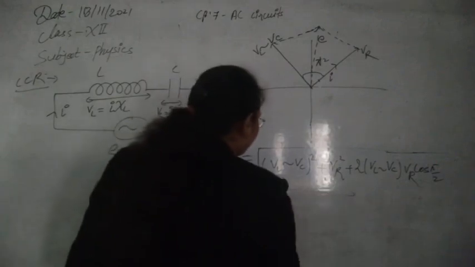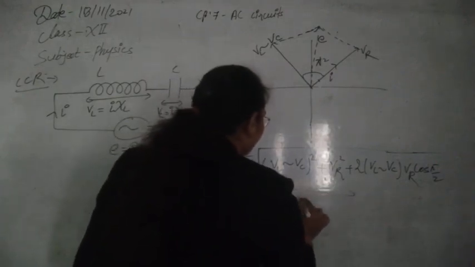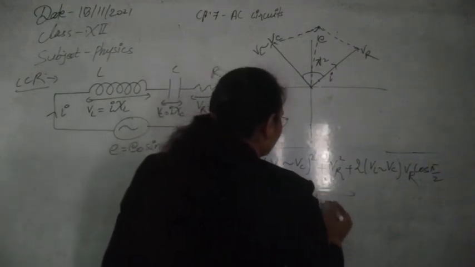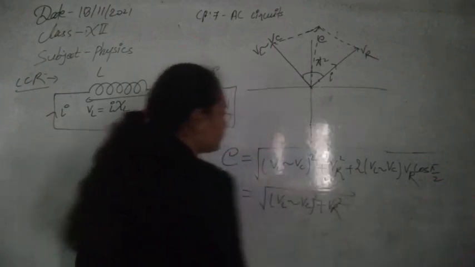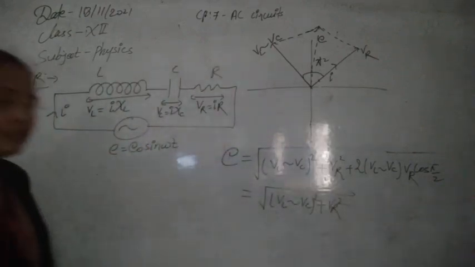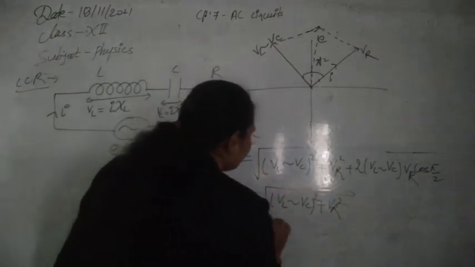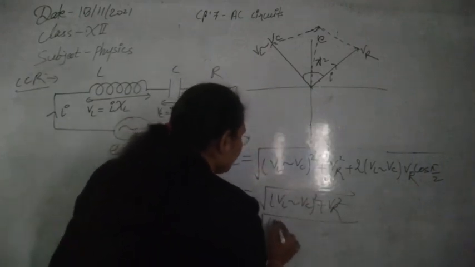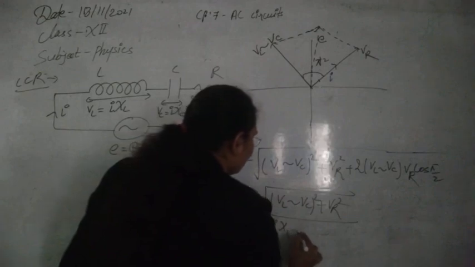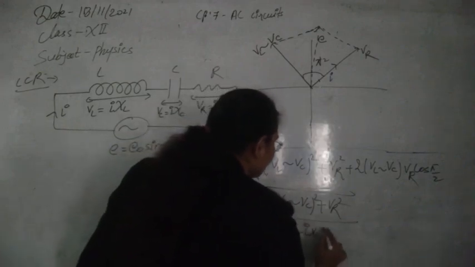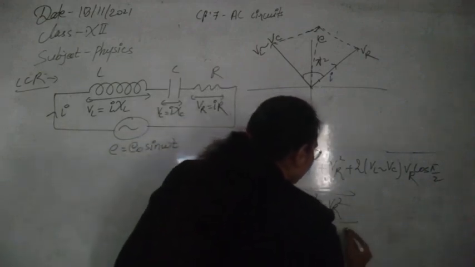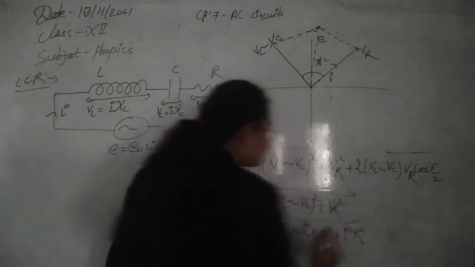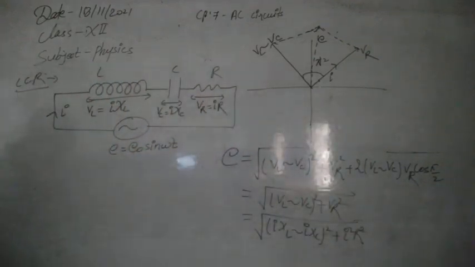So we get E squared equals (VL minus VC) whole squared plus VR squared. After this you can write down the values of VL, VC and VR. So VL has value I into chi L, VC has I into chi C, whole squared, plus I squared into R squared.